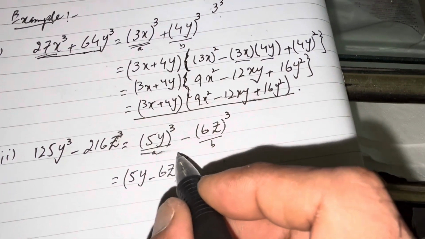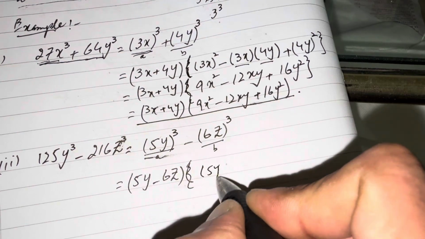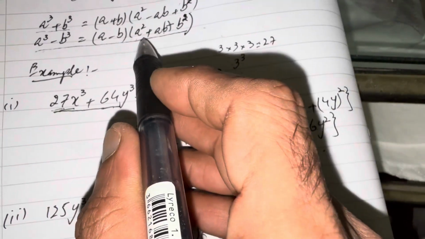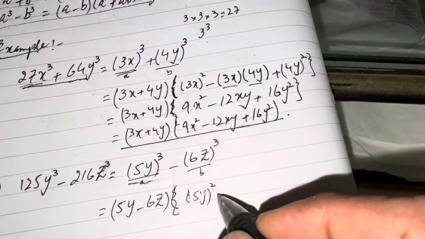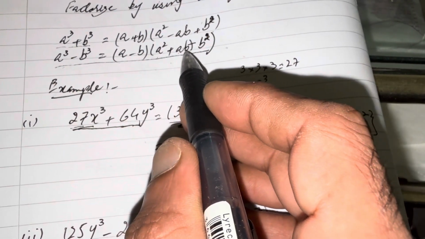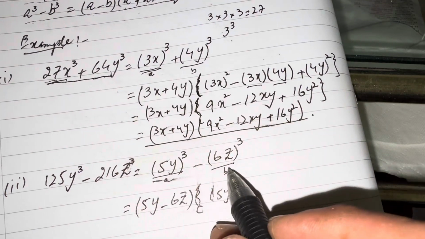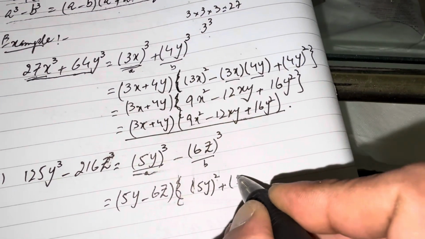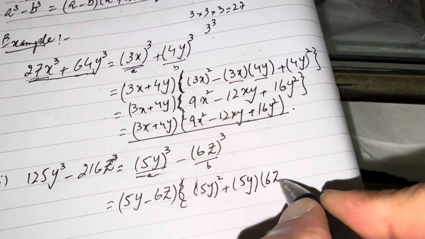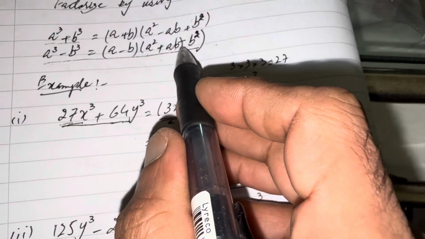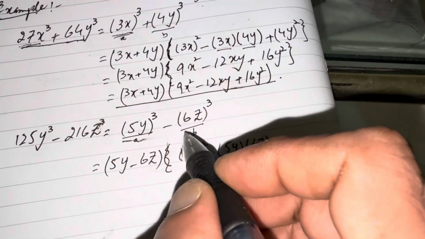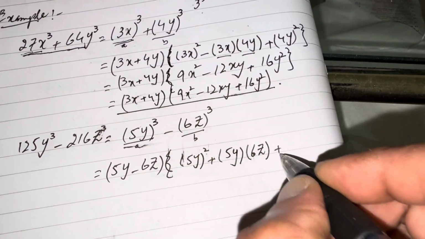Then here the plus sign will come: ab means first multiplied by second. First a is this, second is this, so 5y into 6z, and then plus square of second. The second is 6z, we will take its square.